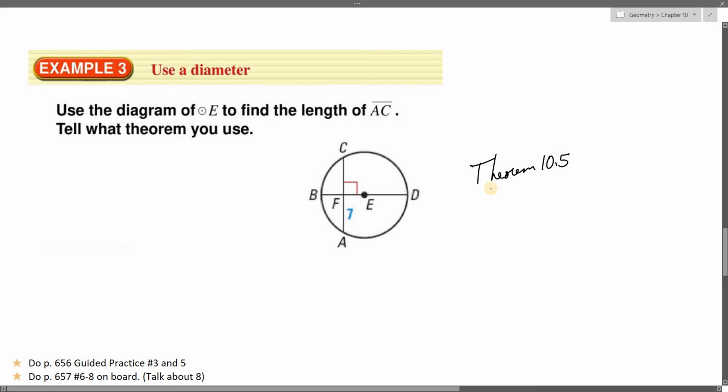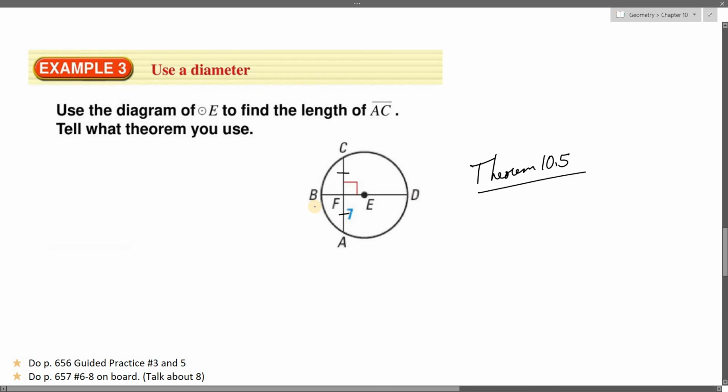Now again, real life, you're not going to walk out to your engineering professor, or you're not going to walk out to your boss at Ford and say, oh yeah, theorem 10.5 said this. No one cares what 10.5 is. They care that you understand the concept. So if you have a perpendicular to a chord, it passes through the center, and not only does it pass through that center, but it is also going to bisect it.